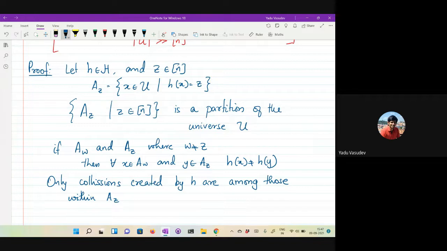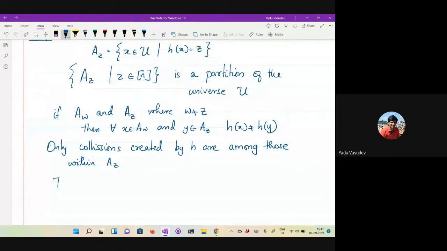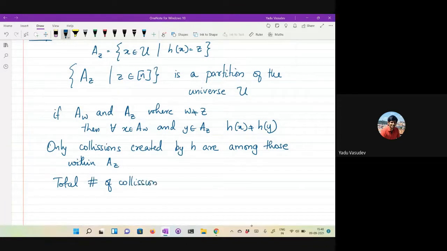So what is the total number of collisions for the function h? How many collisions are there?